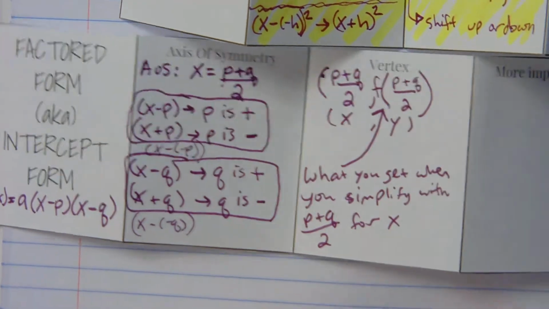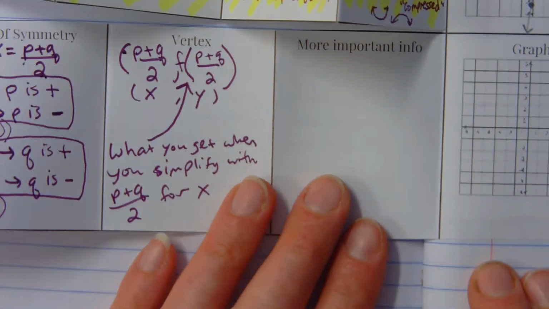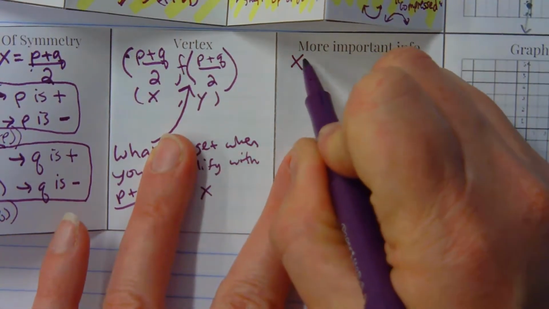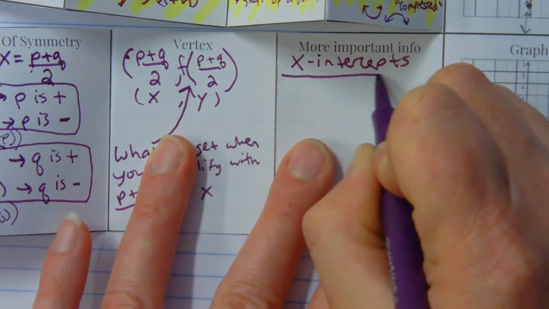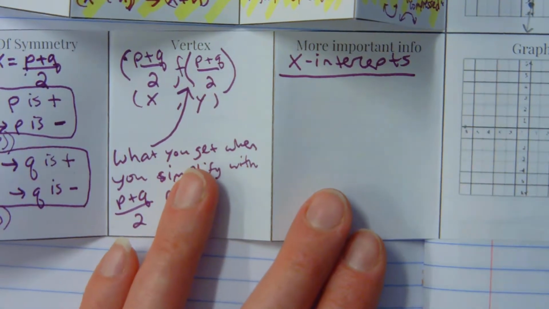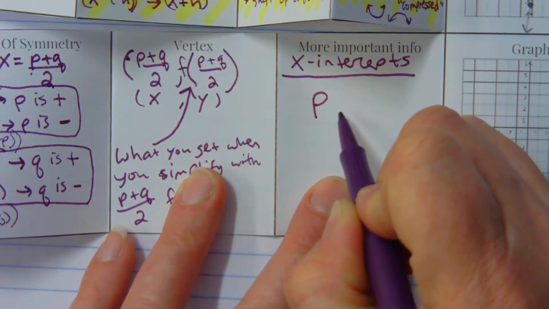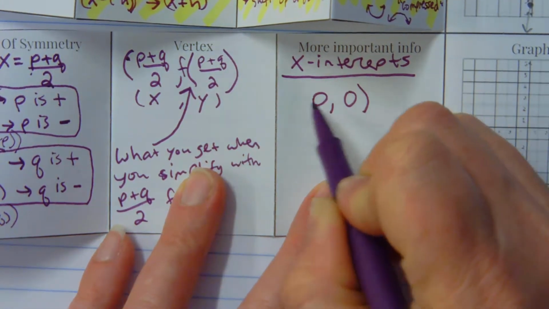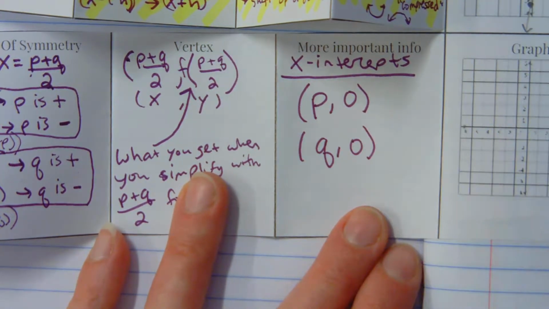The important part about the intercept form is that it tells you your x-intercepts. So that's why I really care about this. And remember, x-intercepts is where it crosses the x-axis. And so our x-intercepts are whatever that p value was and 0, and whatever that q value was and 0.